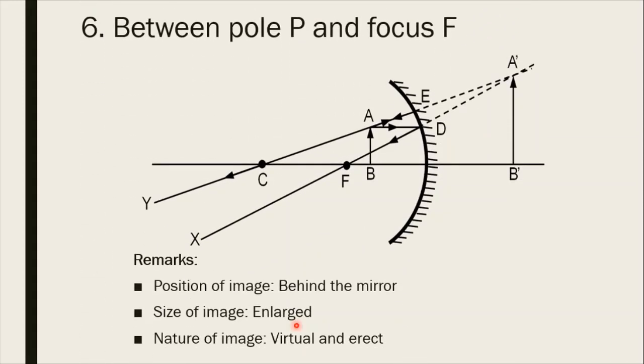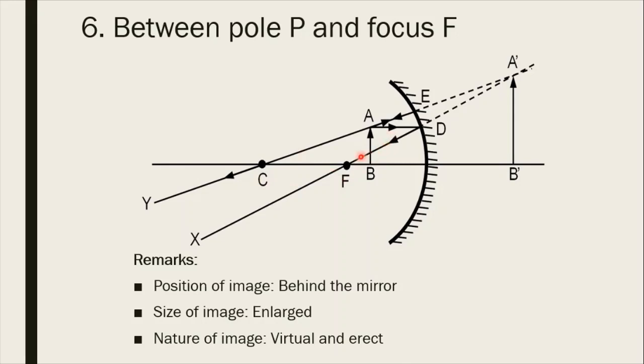Moving on to the sixth position, that is when the object is placed between the focus F and the pole P of the mirror. Oh, what do we see? We take two rays again. The first ray which passes through the center of curvature and the second ray which is paraxial.